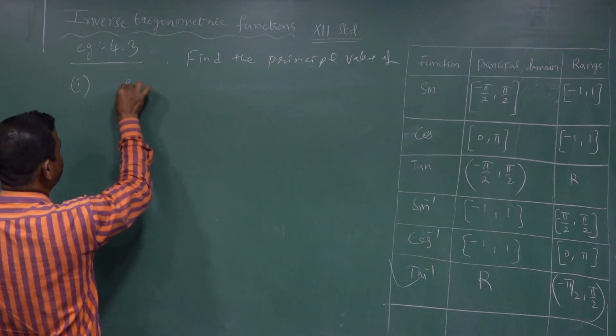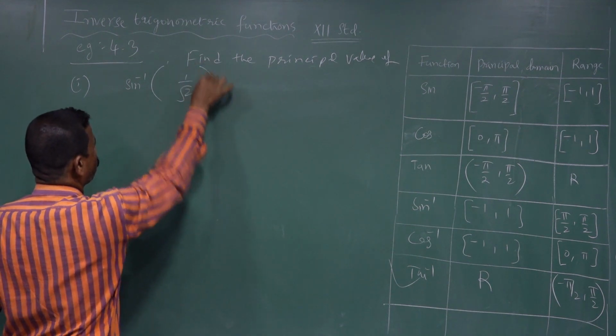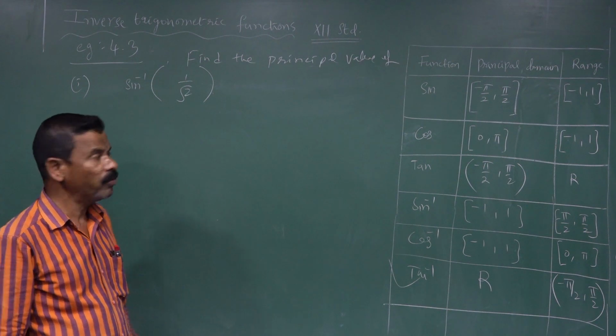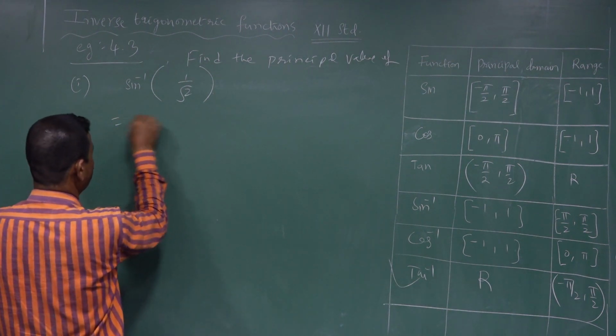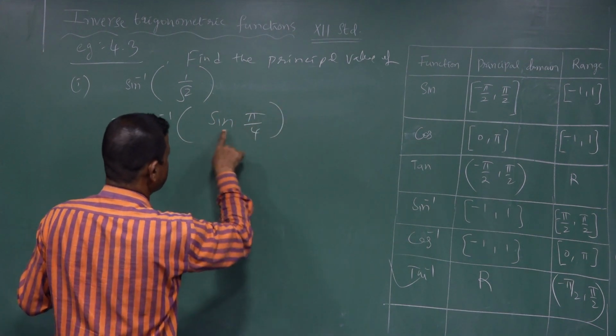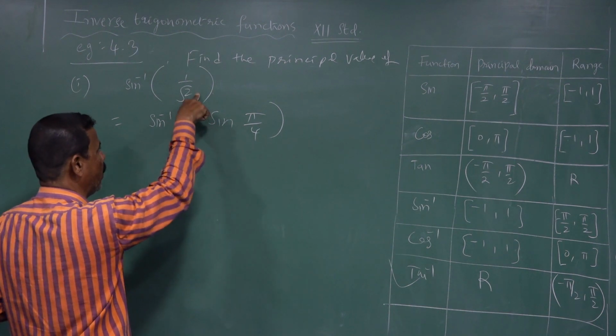Number 1, sin inverse of 1 by root 2. We know sin 45 is 1 by root 2. So here we write this value as sin inverse of sin π by 4. Sin π by 4 means sin 45 degrees, and sin 45 is 1 by root 2.